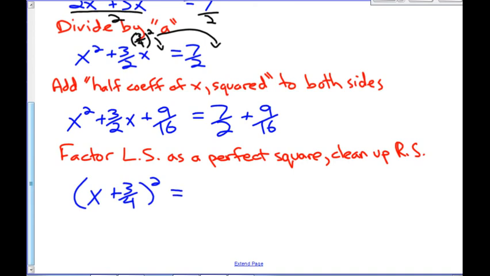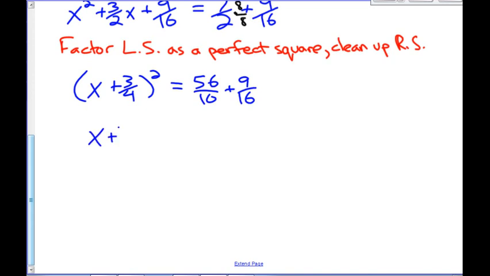Cleaning up the right side, well, I'd need a common denominator here. So I'd have to multiply 7 over 2 by 8 over 8. That's going to give me 56 over 16 plus 9 over 16. And we'll just clean that up a little more. X plus 3/4 all squared gives me 65 over 16. Now we square root both sides.